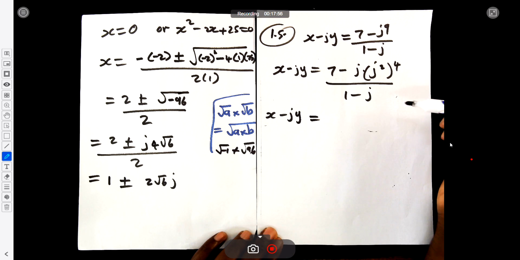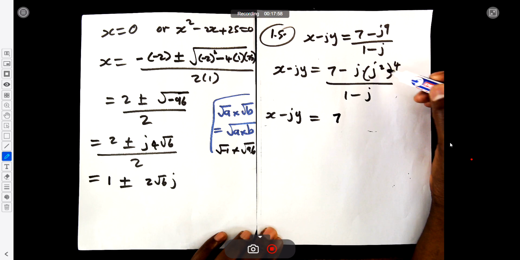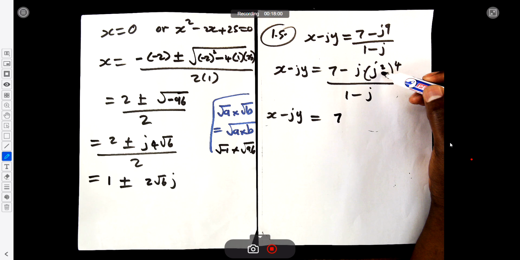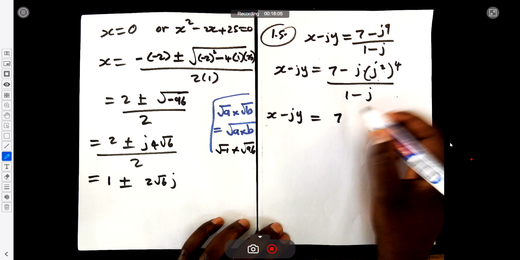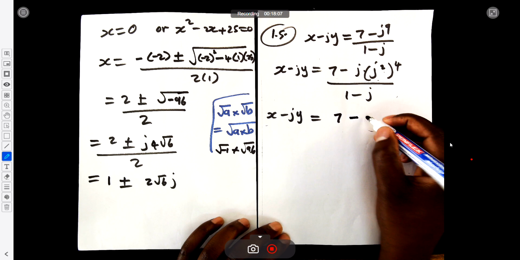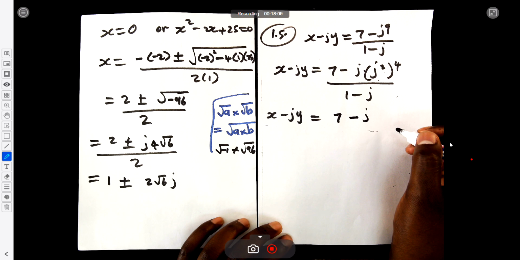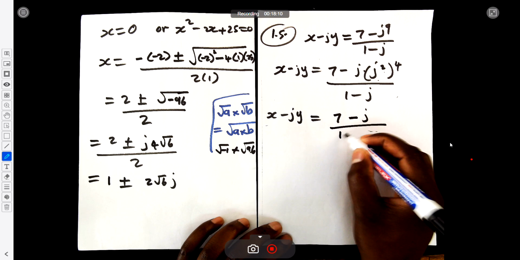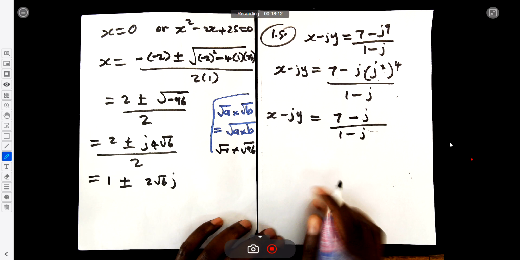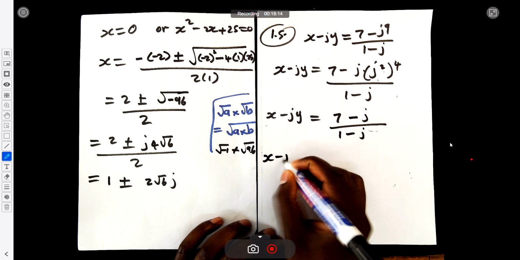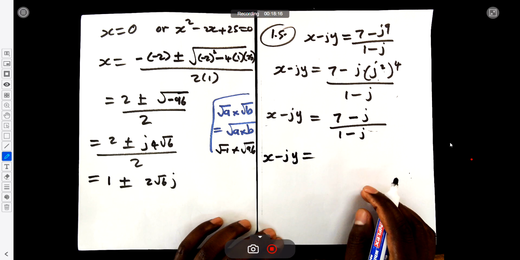So not to waste time, we know that j squared is negative 1. Negative 1 to the power of 4 is positive 1, multiplied by j, then we have j. Therefore 1 minus j. Then we have x minus jy equals 2.